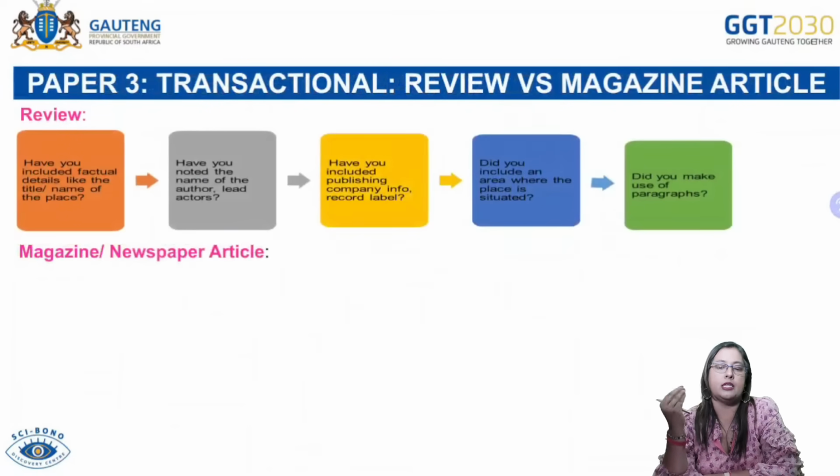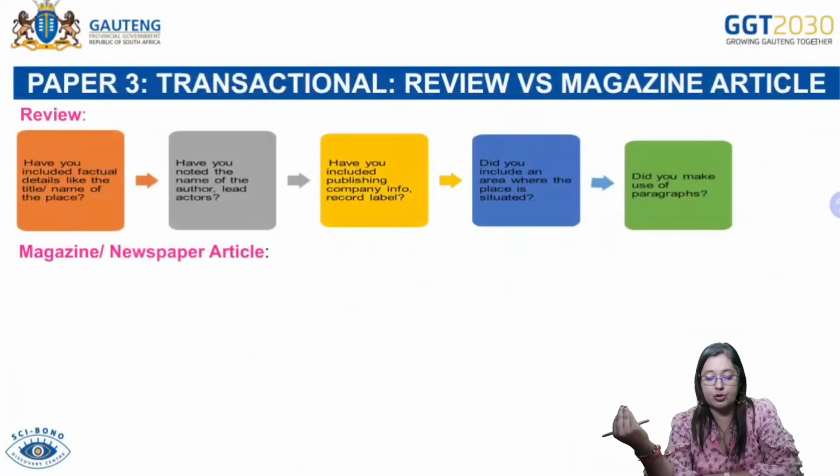Then if you're looking again at the book review, have you included the publishing information, all right, of the company that's publishing the book, or a record label that might be dealing with an artist who is publishing his work. All right. And then the next thing that has to be included is obviously the area in which that particular restaurant, if it is a restaurant review, is located.